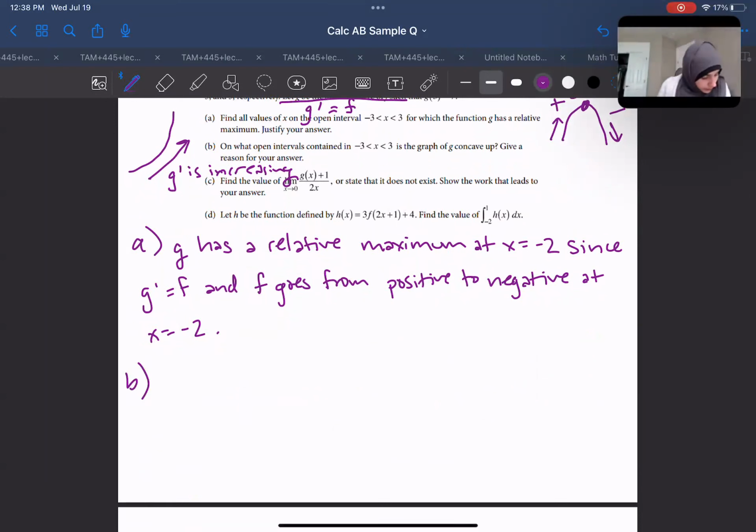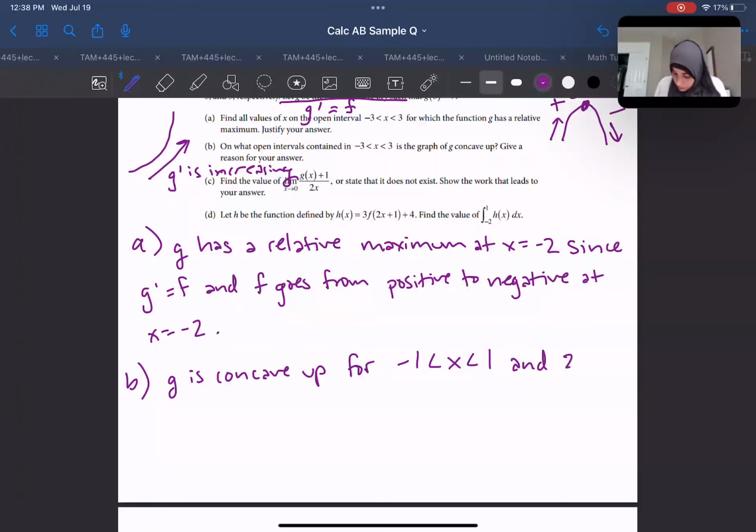So for part B, g is concave up on the open interval from -1 to +1. So g is concave up for -1 < x < +1. And then again on the open interval from 2 to 3.